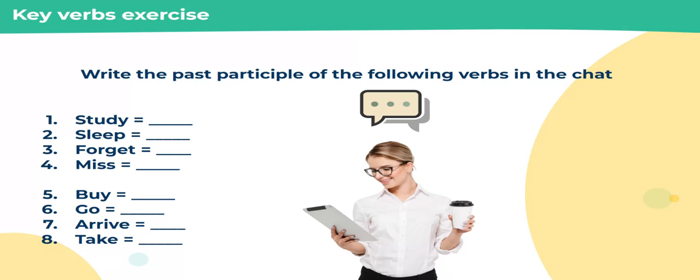The first one there is study. Study, that's the base form of the verb. I wonder what the past participle is. I'm going to read through the list. You can think about this and participate in the chat if you wish.